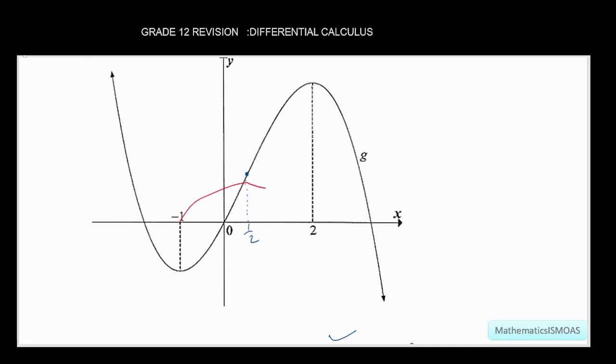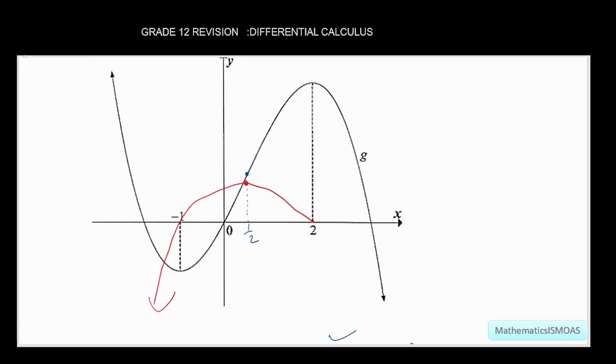Then we have a turning point there, then it goes down here. Then this will be our turning point, where the x value is half. Then you will see from -infinity to -1, the graph is decreasing. Therefore, that is where the gradient is negative, meaning the gradient graph should be on the negative y-axis.